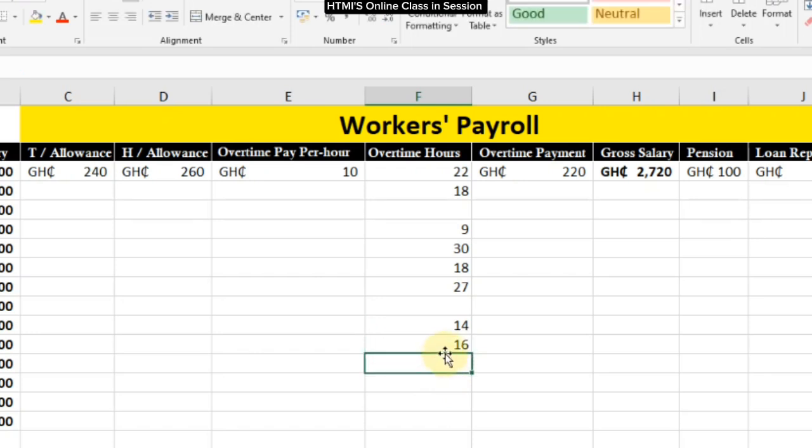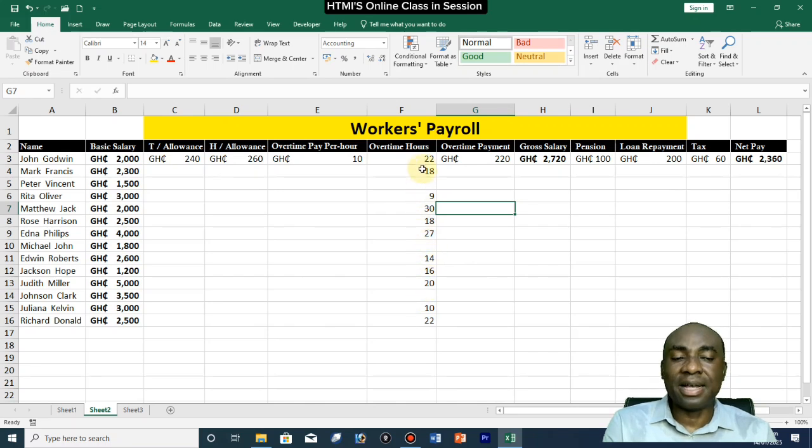Another did 20 hours. The next worker did not do any overtime. The other worker did 10 hours. Another worker did 22 hours. So we have the overtime hours done by each of the workers now.